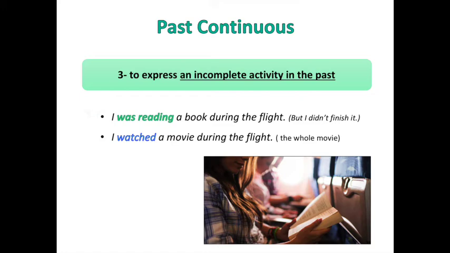The action of reading the book is not finished. But if I say it in past simple, I watched a movie during the flight, usually that means the activity is complete. So I watched the whole movie. I finished it.